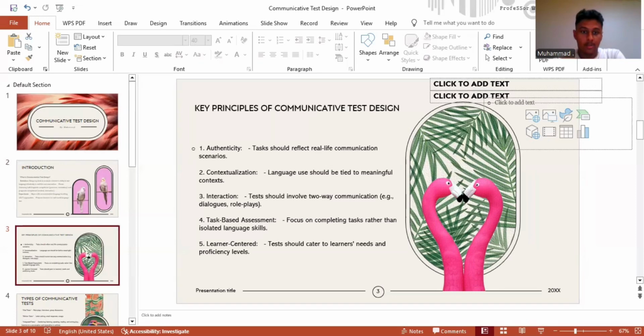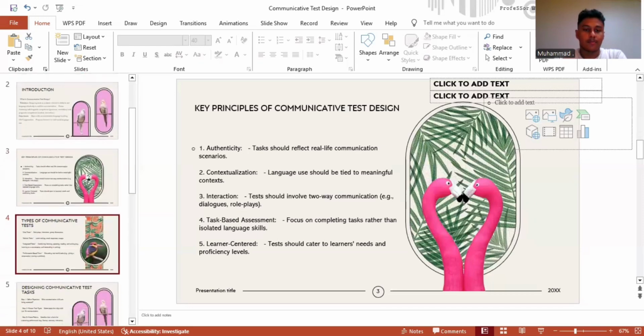And the fourth one, task-based assessment. Focus on completing tasks rather than isolated language skills. The last one, learner-centered. Tests should cater to learners' needs and proficiency levels.